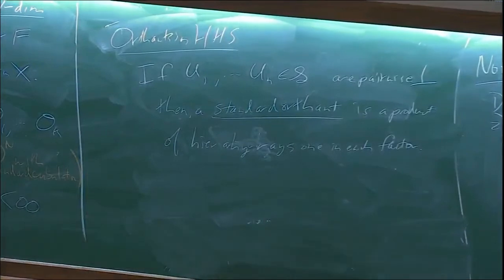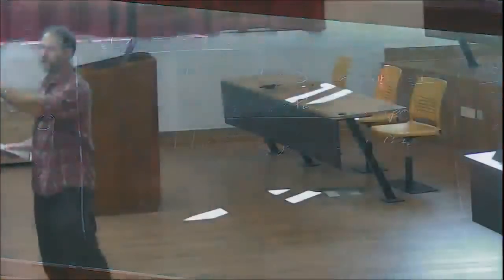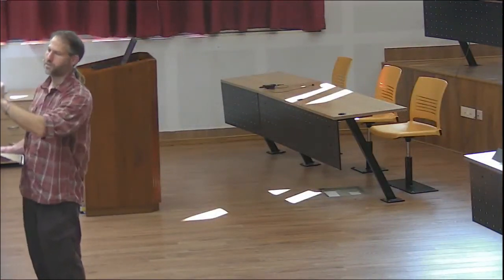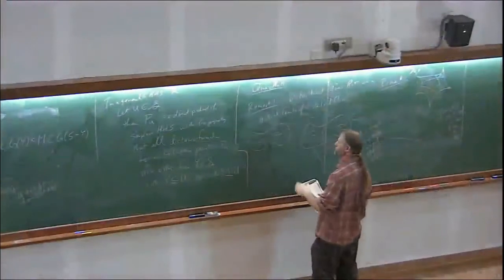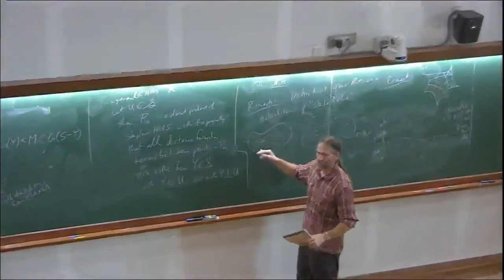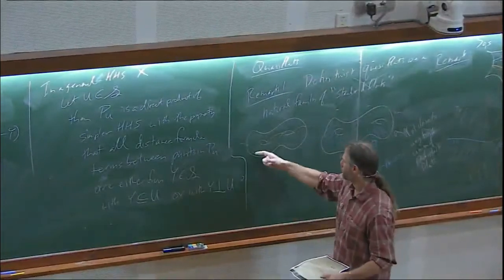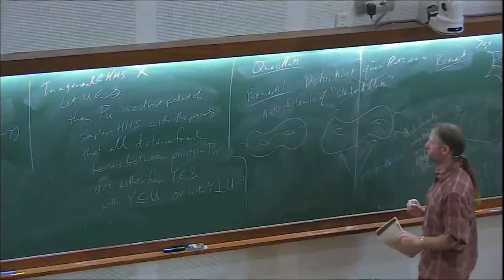So in the 2 examples we did, if U1 was the annulus around this curve, and U2 was the annulus around this curve, and U3 was that annulus, then a hierarchy ray, well, there's only one. All we could do inside the annulus is just Dehn twist. So I'd have a product of 3 Dehn twists.